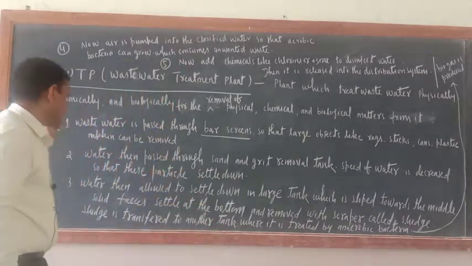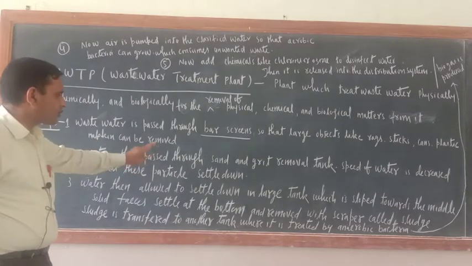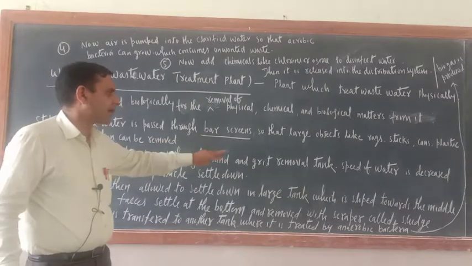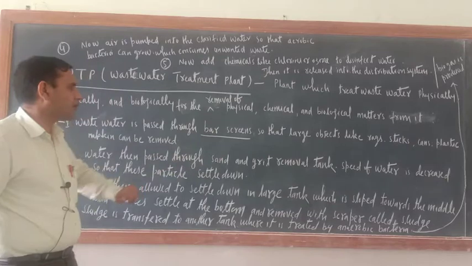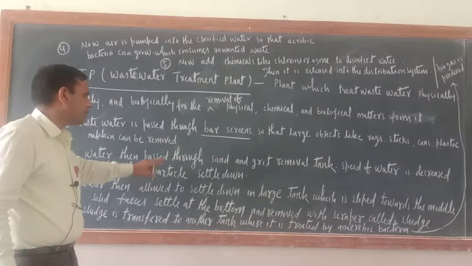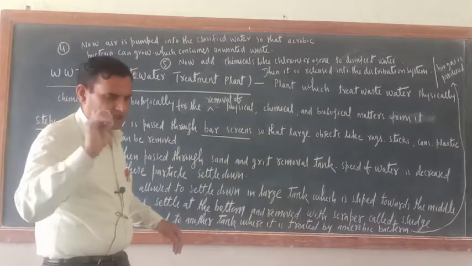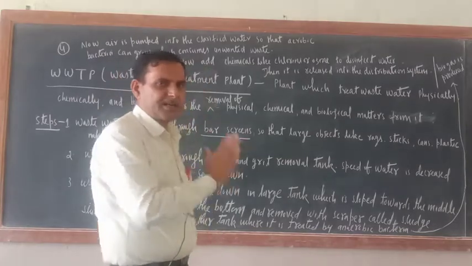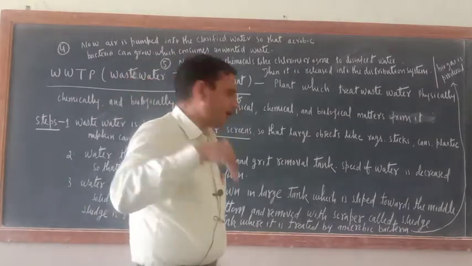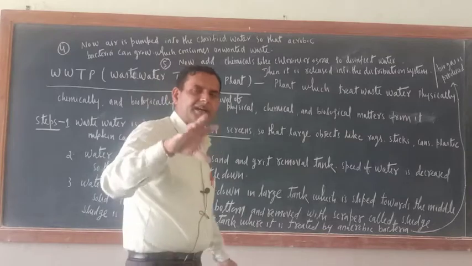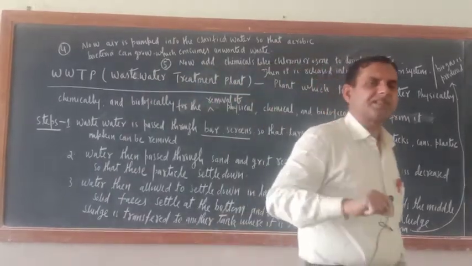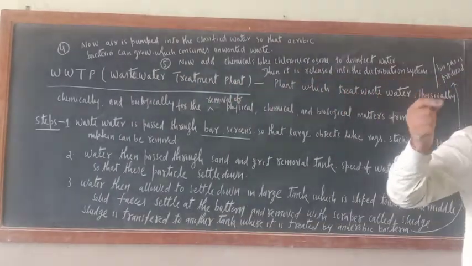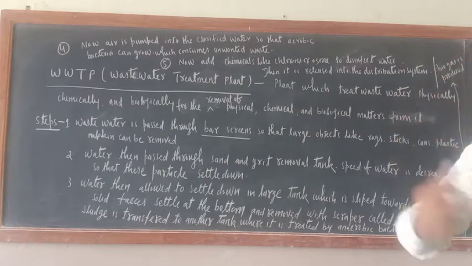Now step number two: water is then passed through a sand and grit removal tank. The speed of the water is decreased so that these particles settle down. Once the big particles are removed, water should pass through the sand and grit removal tank. In wastewater, there are so many small particles like sand, grit, pebbles.